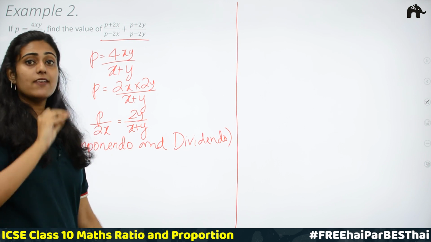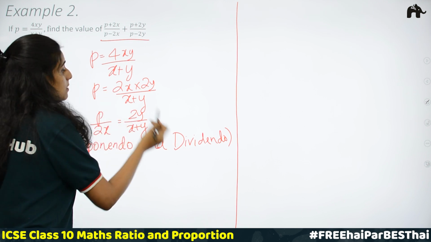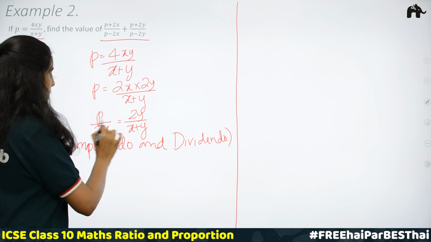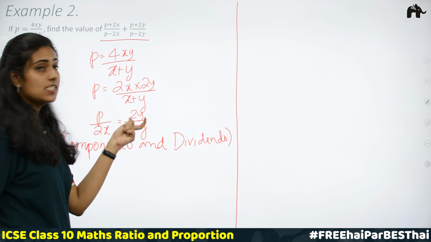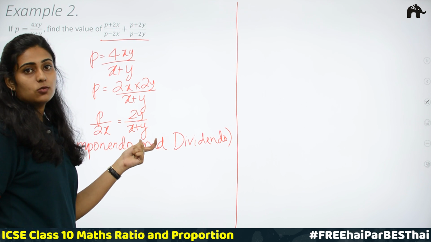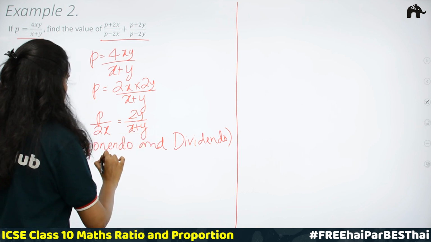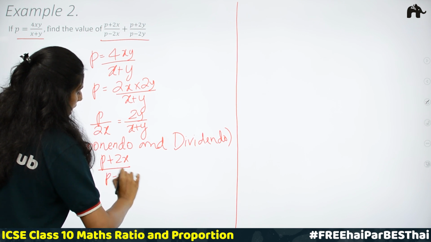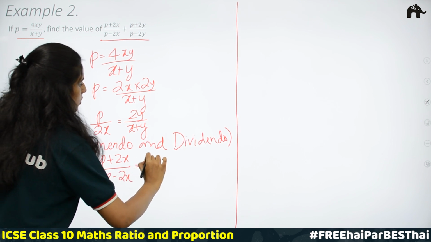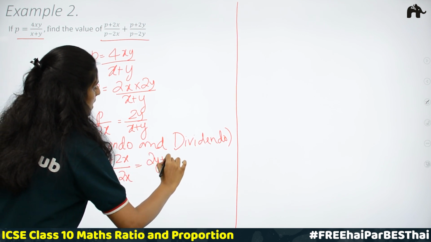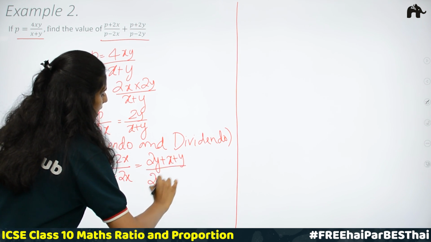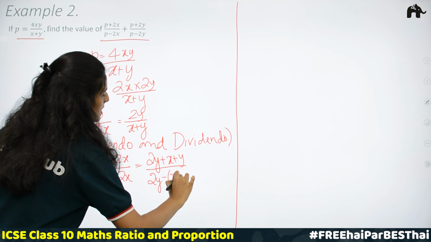A plus b divided by a minus b is equal to c plus d divided by c minus d. Here a is equal to p, b is equal to 2x, c is equal to 2y and d is equal to x plus y. That is p plus 2x divided by p minus 2x is equal to 2y plus x plus y divided by 2y minus x plus y.